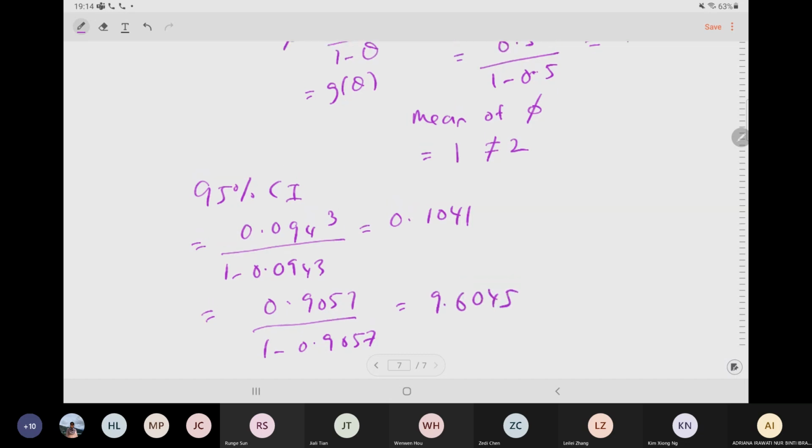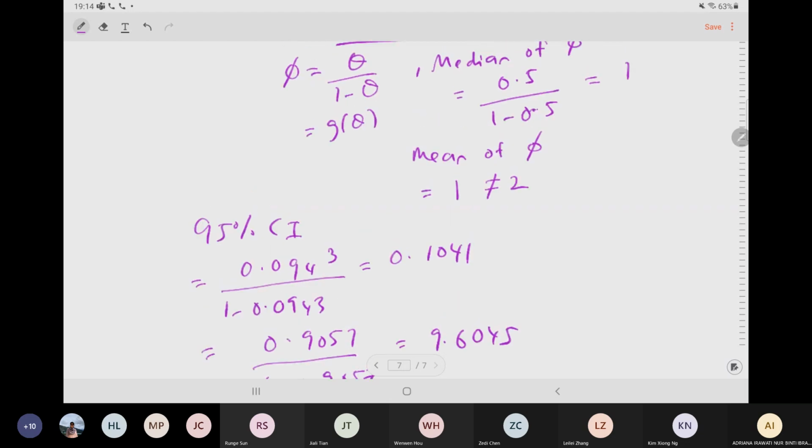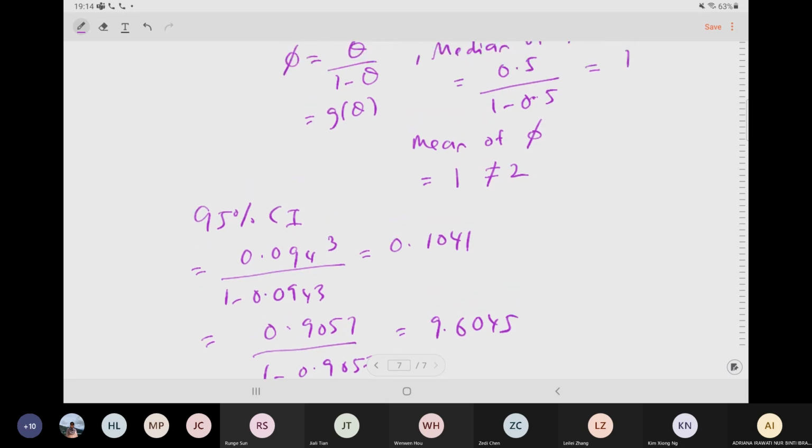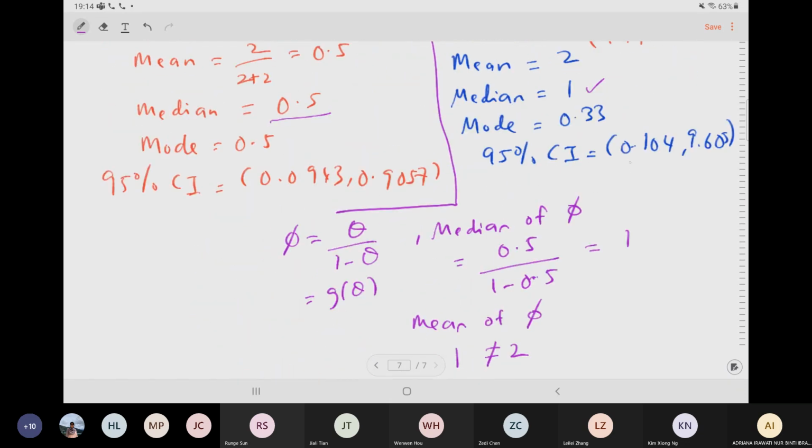So if I use this formula and put the lower limit and the upper limit of the credible interval inside, I actually get the credible interval for the F distribution.